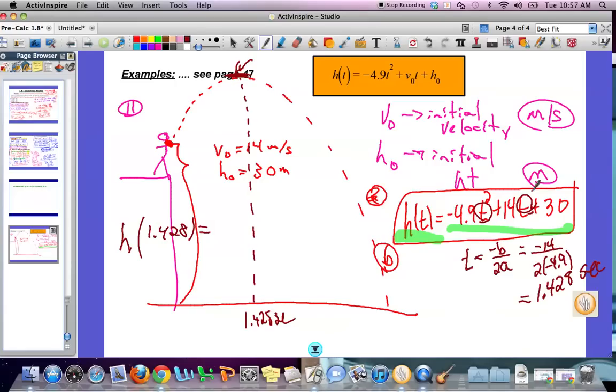Oh, actually, I'm sorry. It didn't ask for that, but we're still going to find it because we're overachievers. It asked for when it reached its highest point. I want to know what the highest point is, even though it's not on the assignment. Who's got it? How much? Say it with confidence.